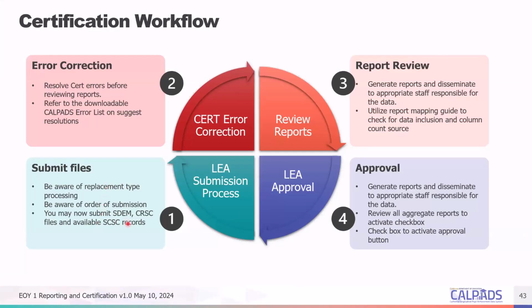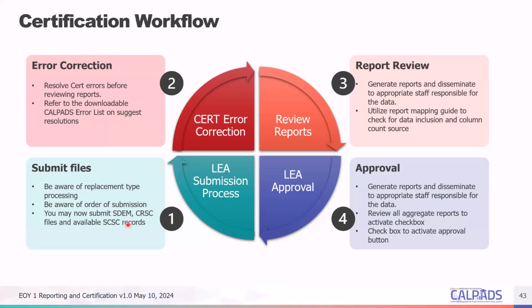Also, you have to be aware of the order of submission. Although we're now in a so-called redesign where you can submit all files all at once without any validations, chances are you may encounter issues with regards to missing CRSE records for any SCSE records that you submit. So it's still important that you follow the sequence of submission.